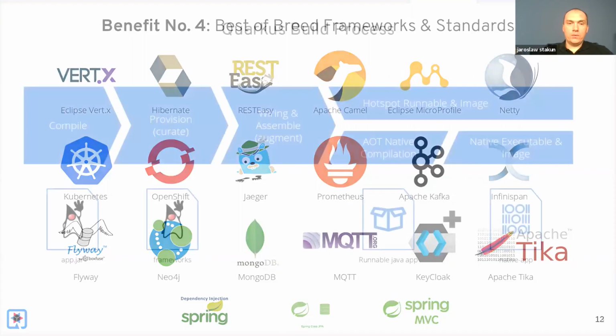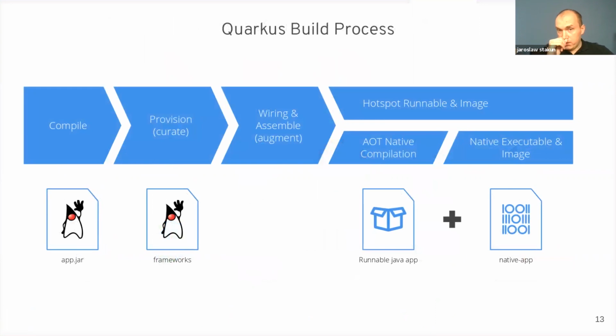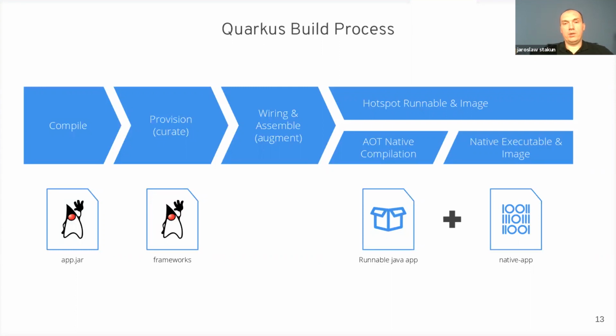How does it look with Quarkus? Yeah, so there are two ways you can build your Quarkus application. The first one is the regular Java-based process. You will use the Java compiler that will generate the Java runnable, so a jar archive, for example.